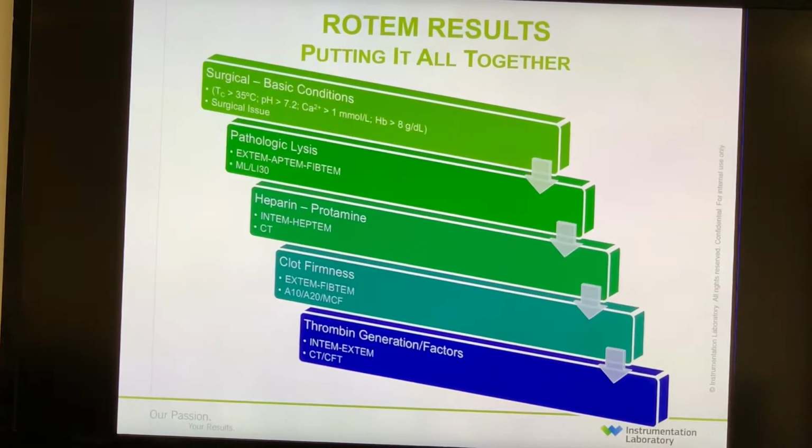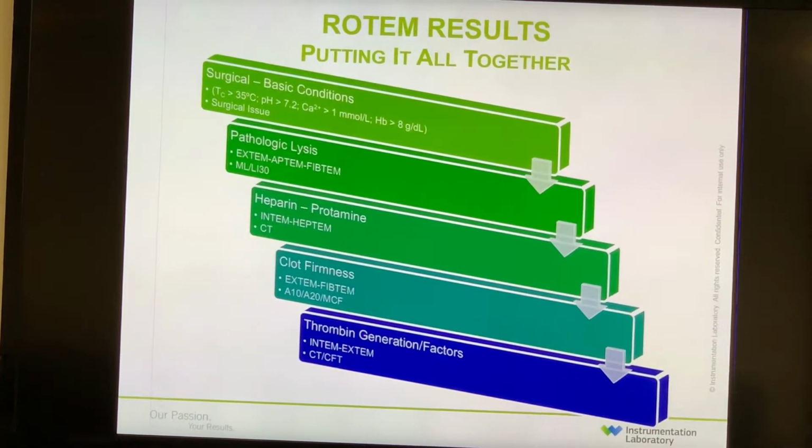So how everything comes together, and again, this is essentially the basis for the algorithms that are being designed: if your patient's bleeding, obviously you're going to look for surgical issues and basic conditions that affect hemostasis, like temperature, calcium, pH, hemoglobin. If you suspect lysis, that's looking at your XTEM to your APTEM and your FIBTEM with that ML parameter, or the LI30 parameter.